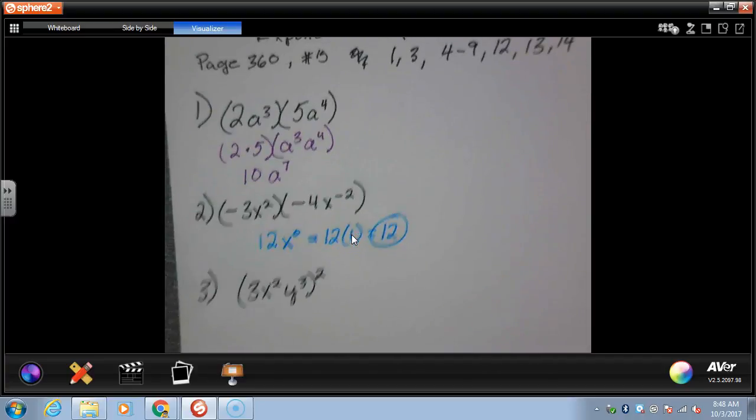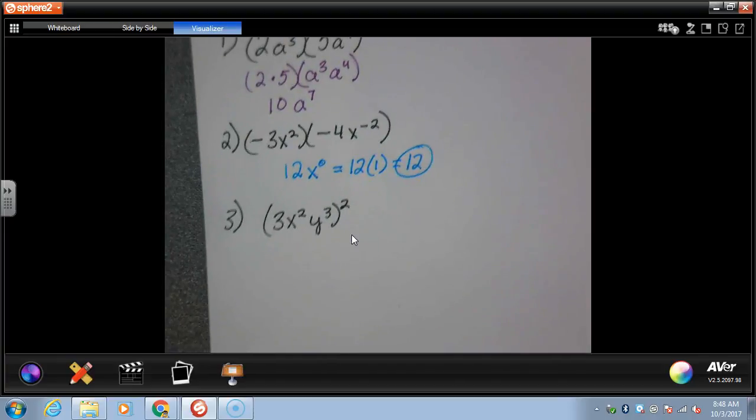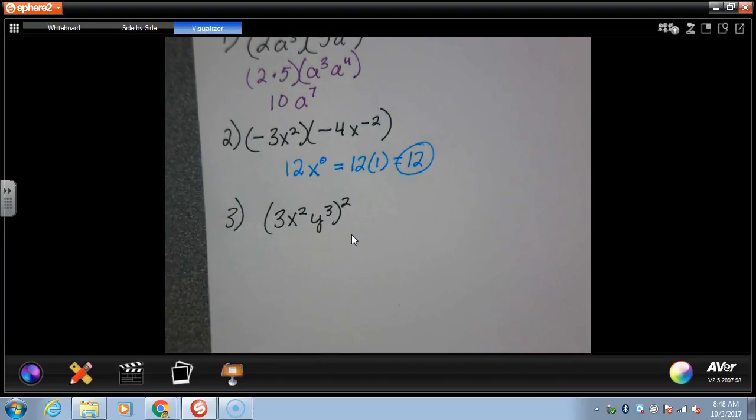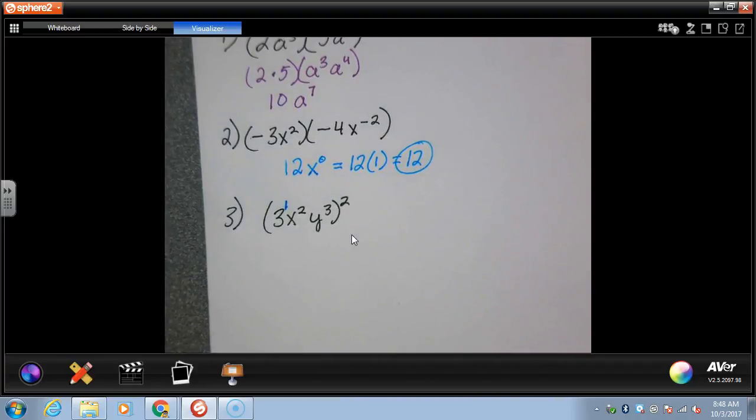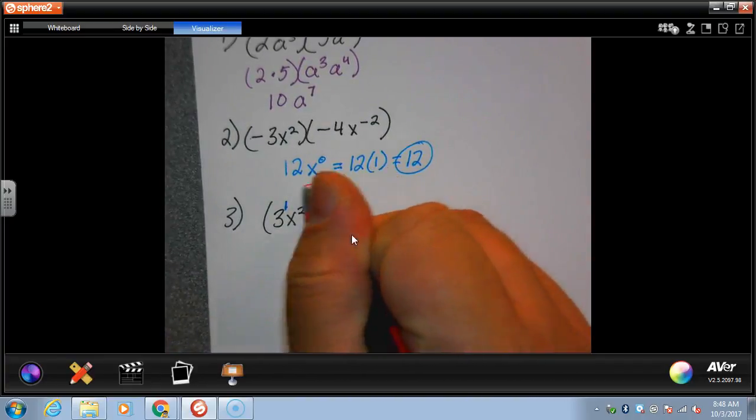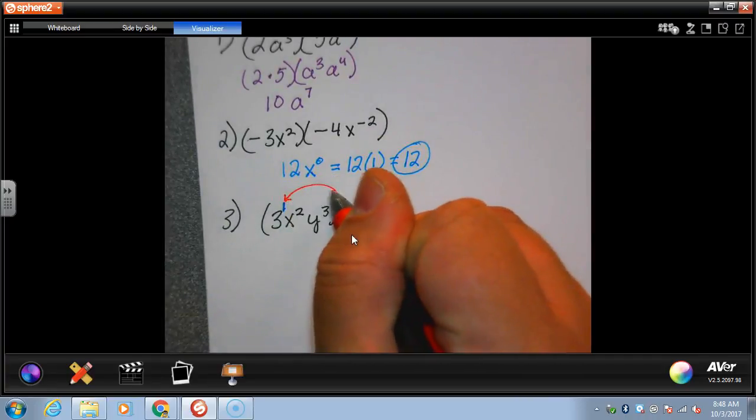Okay, when I have a number outside of parentheses, what do I do? Think of it as distributive property, although this really isn't. We're multiplying exponents. Now, be careful here. Numbers have an exponent of 1. So you have to multiply all the exponents, including the 1 on the numbers.